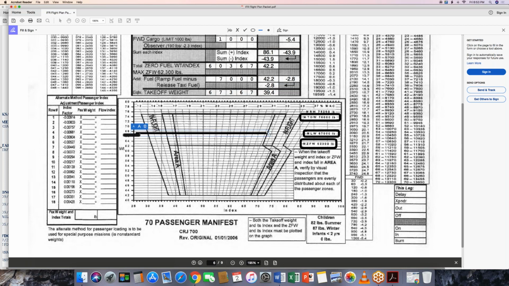Now, how come your max landing weight has to be below your max takeoff weight? Is it just something to do with the speed on the approach that puts stress on the airplane? Well, our max landing weight is always going to be less than our max takeoff weight because of the stress that it puts on the aircraft.